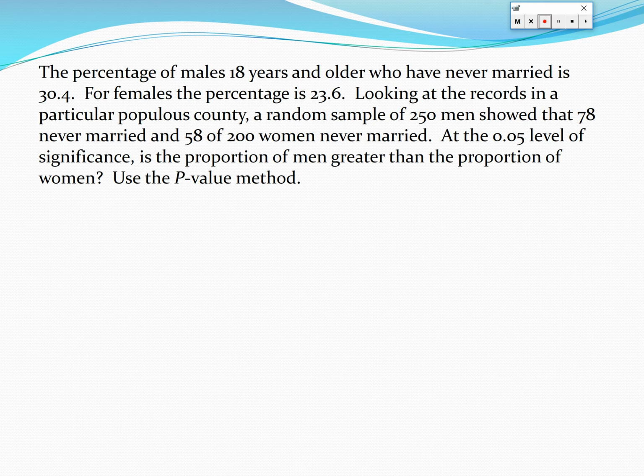Before we get into writing our hypotheses, we do want to designate which is going to be our P1 and which is going to be P2. So just so we're all on the same page, I'm going to say that P sub 1 are the men, or the males, however you want to state that, and P sub 2, I'm going to have be the women.